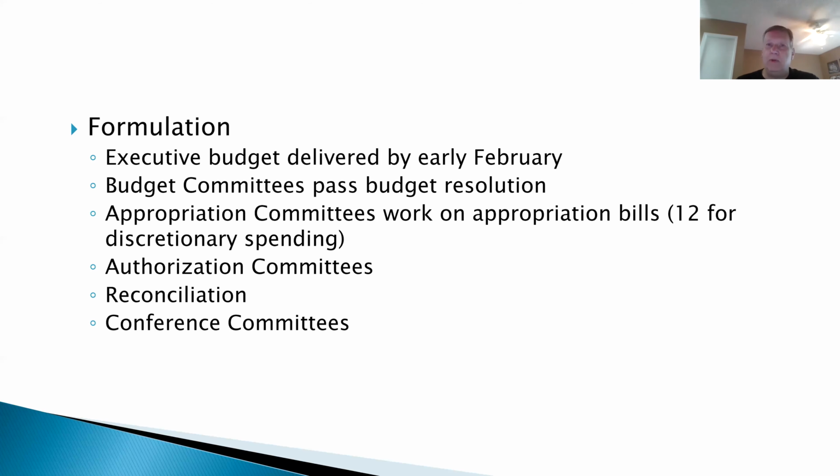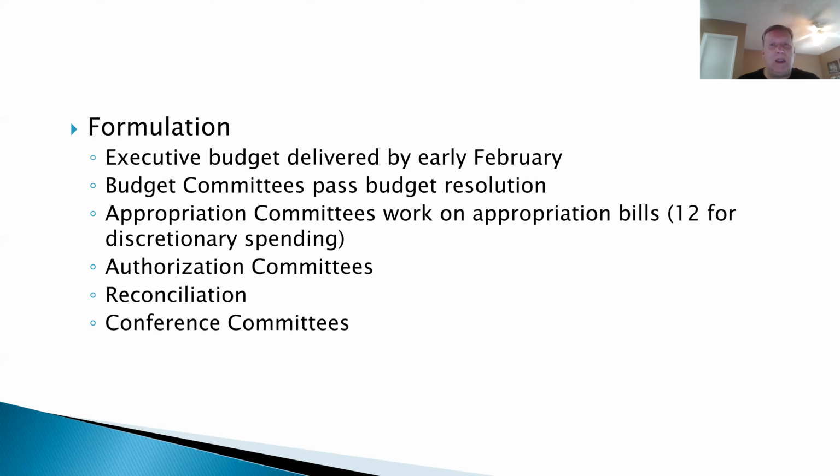What the concurrent resolution on the budget does is it sets maximum amounts of spending across all of your programmatic areas. So the concurrent resolution on the budget, for instance, will say, in the area of agriculture, here's the maximum amount of money that can be spent on agriculture. For health and human services, here's the maximum amount that can be spent. In education, here's the maximum amount. In veterans affairs, and so on and so on.